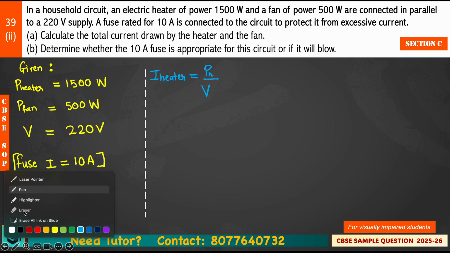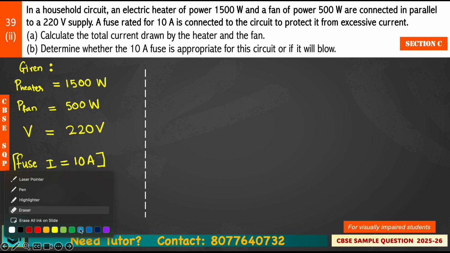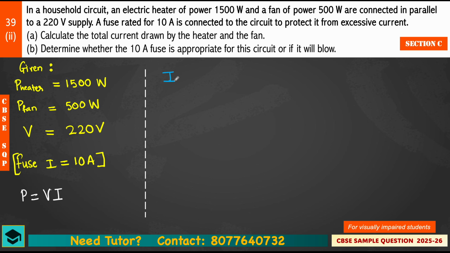In case you are getting confused, first write the formula as it is, like I is equal to P upon V, then put H for heater. Let's solve this. Power of this heater was given as 1500 watt, and voltage was given as 220 volt.